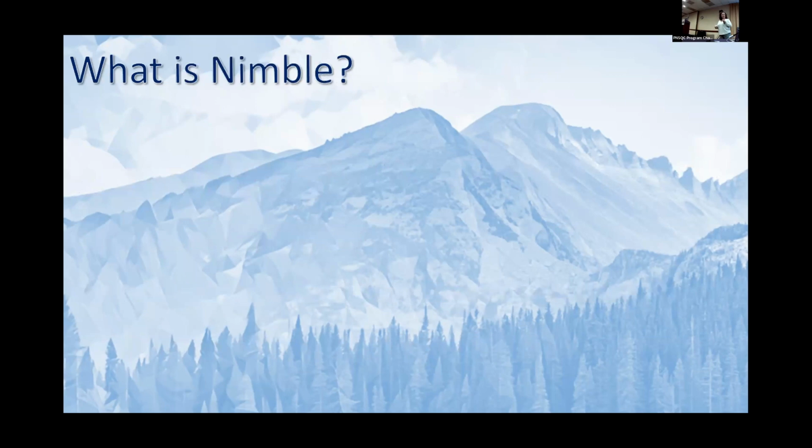So let's get started. So let's talk a little bit about what is Nimble. Nimble really is kind of a collection of things and activities. So the idea is that we start small. We pick a small project, something that might not be pervasive throughout technology or something that might be a new idea or a new approach that someone's thinking about. We start small.